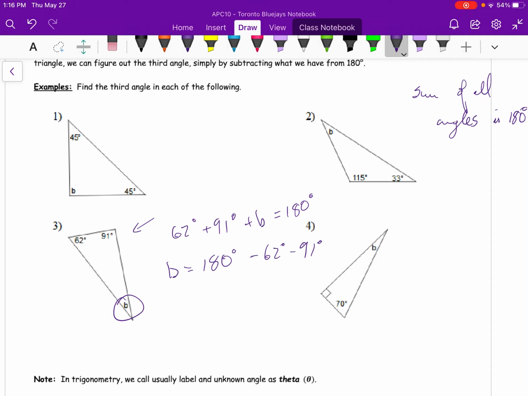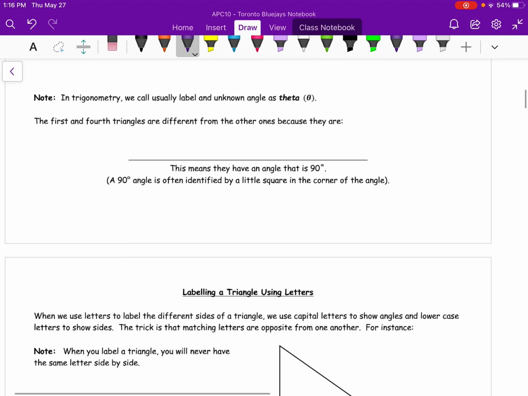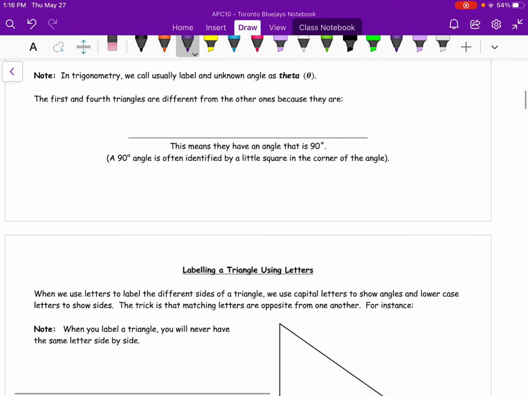Now, I would criticize calling this angle B, simply because it should be called uppercase B. Generally speaking, we call angles uppercase. Sides generally are lowercase. So in trigonometry, if we ever have to deal with an unknown angle, you might see it described as theta.